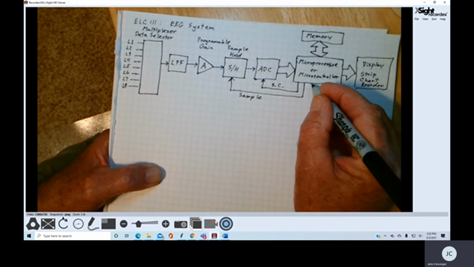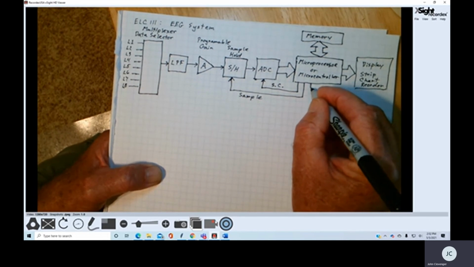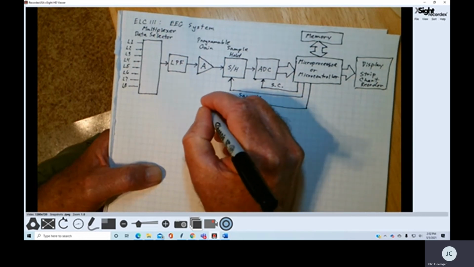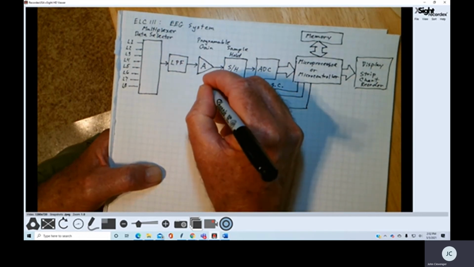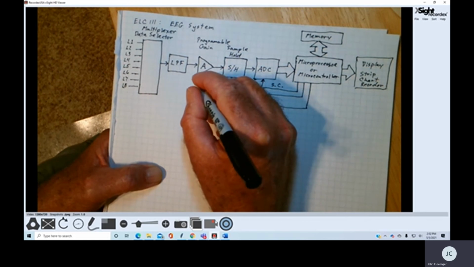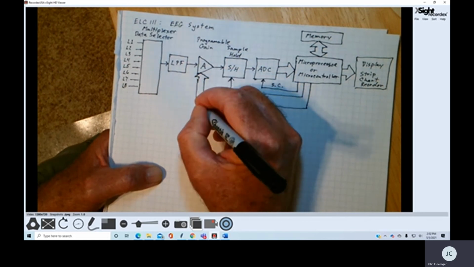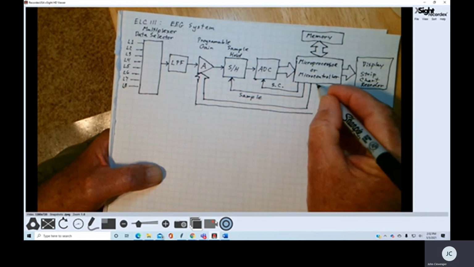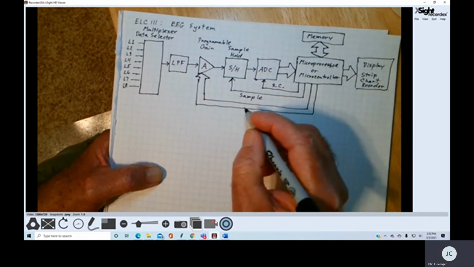And our microcontroller is also going to have to send some information, and I'm going to draw this as a bus because this is going to be more than one wire here. There we go.